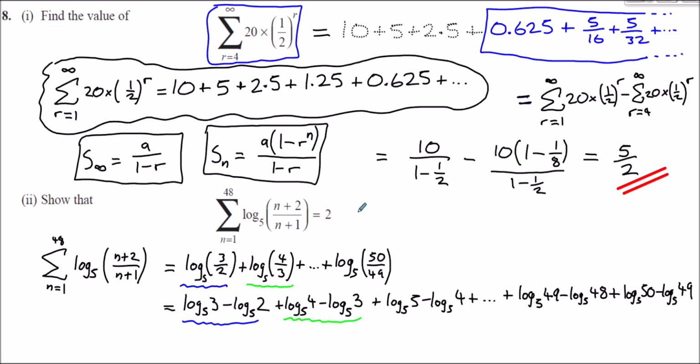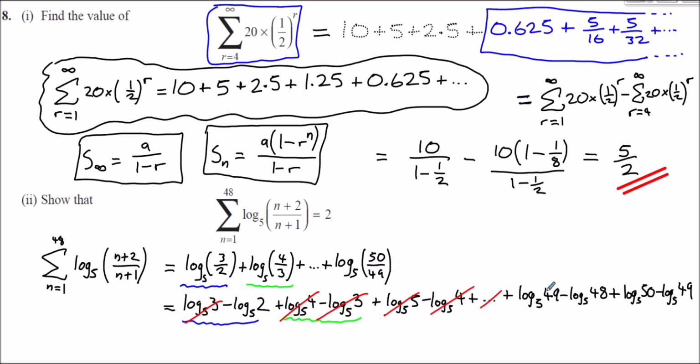So here we can now have a look and see if we can spot the cancellations. So this one here, we can see log base 5 of 3 will cancel with this log base 5 of 3 here. Log base 5 of 4 will cancel with that one. This log base 5 of 5 would cancel with another one down here, so that again would cancel somewhere in the middle.